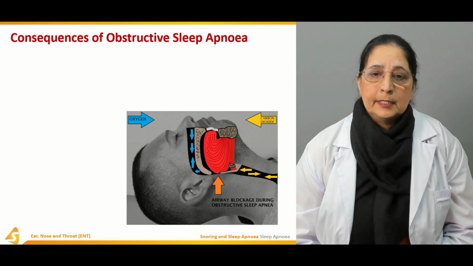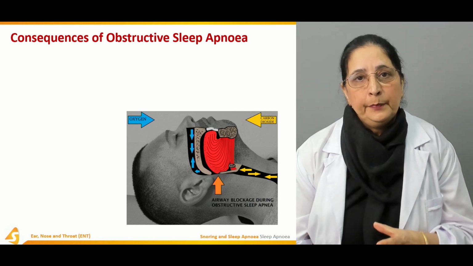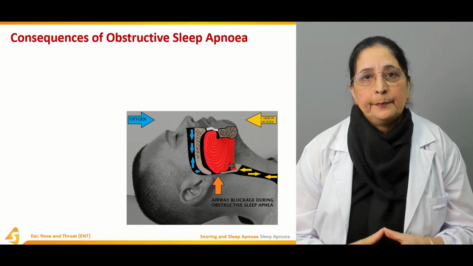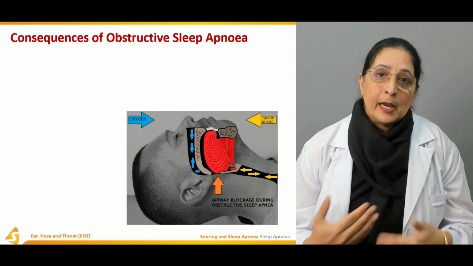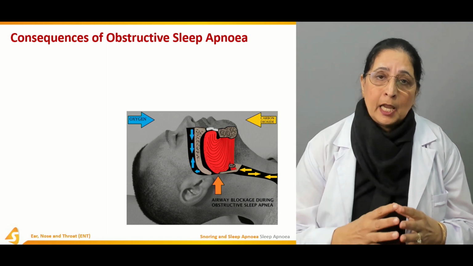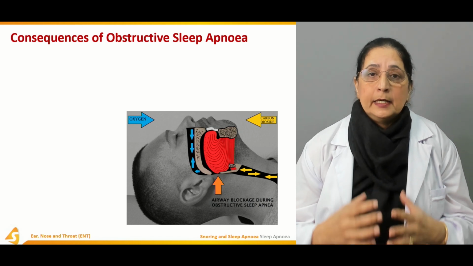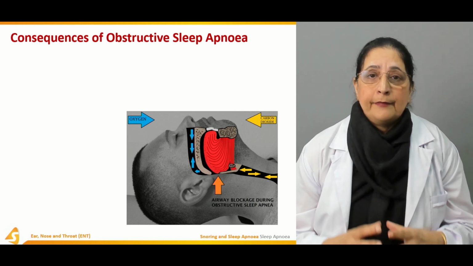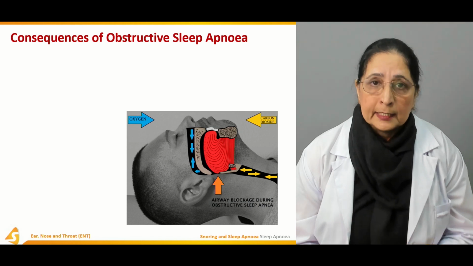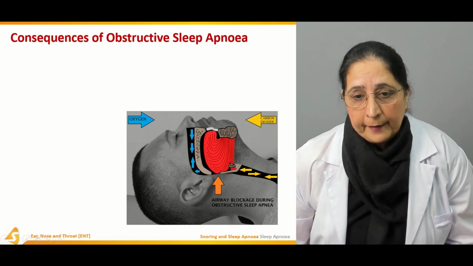Consequences of obstructive sleep apnea. Depending on how long the period of obstructive sleep apnea, the consequences might be very severe, because there is hypoxia, a decrease in the supply of oxygen, that can affect the brain, the heart, and the respiratory system. So all these different systems are affected.